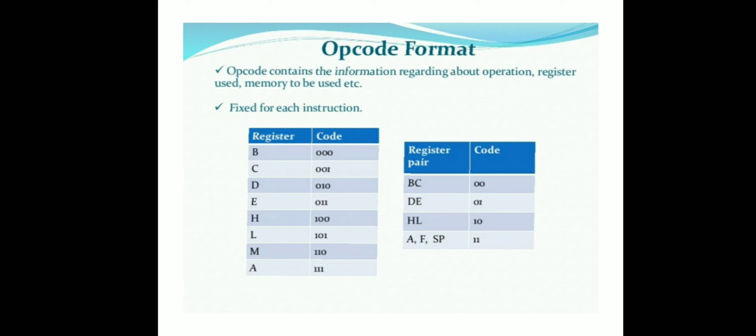Here, the accumulator is represented by 111, and the register B is at bit position 000.